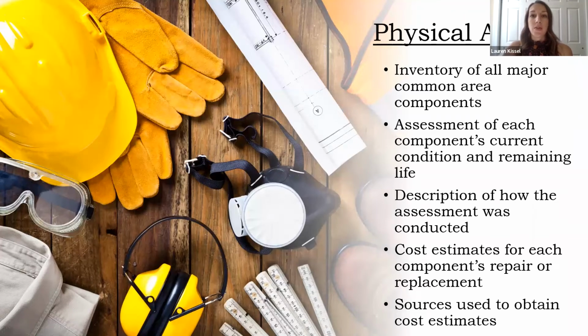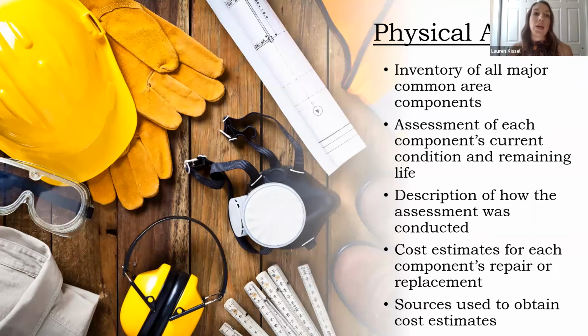So first is the physical analysis. This is typically done by an engineering firm. So an association would engage an engineering firm to come and do the reserve study. The reserve study outlines all the major components and when they will come up for replacement over the next 30 years.